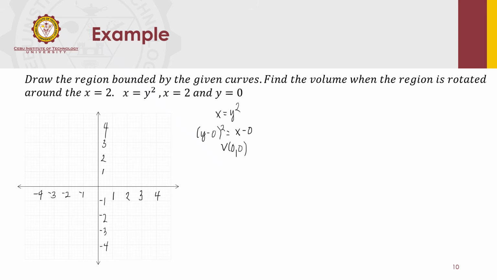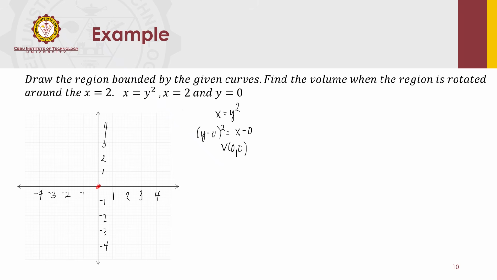Aside from the vertex, we need to locate two more points. But this time, the focus is not important, because we have another curve limiting the area. So we'll get the intersection points between the parabola and this line.